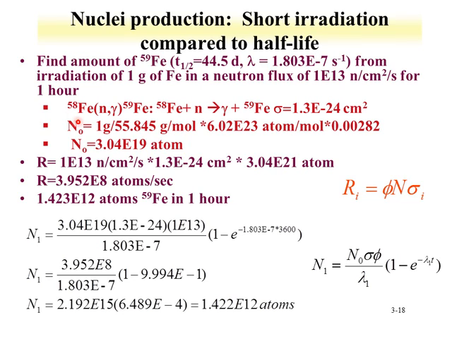This is our nuclear reaction. We have iron 58 plus a neutron going to iron 59. We look up the cross-section for that reaction. It's 1.3 barns, so that's 1.3 times 10 to the minus 24 centimeters squared.